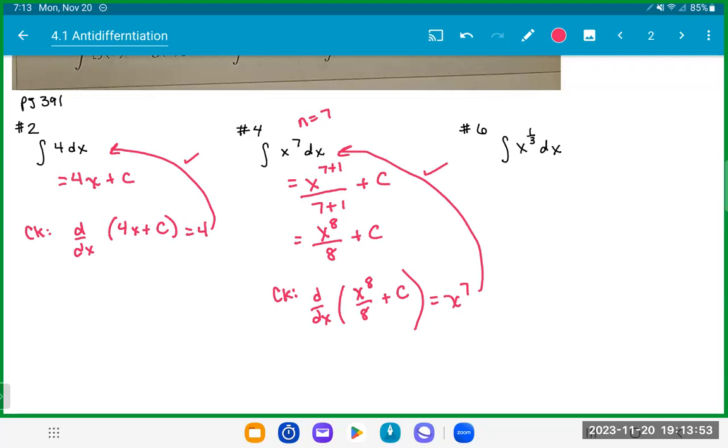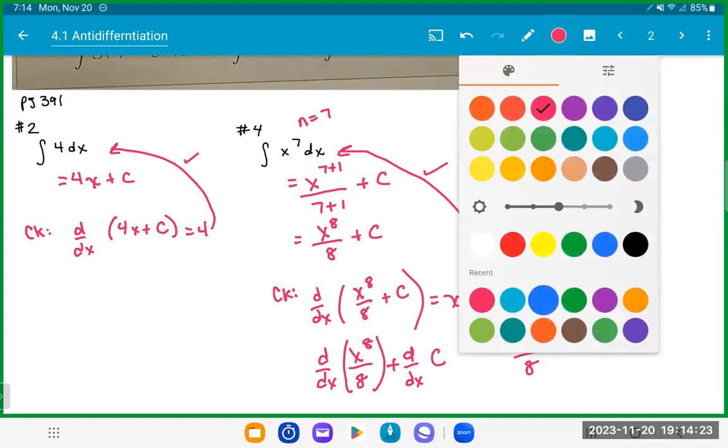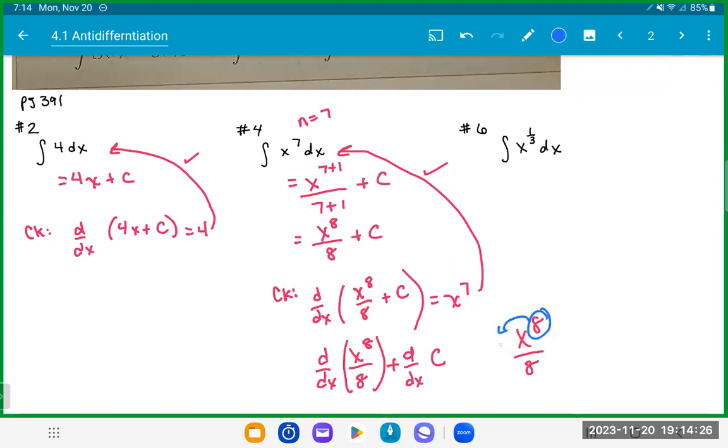Professor, how did you get x to the 7th? Yeah, x raised to the 7th. When I take the derivative d dx of x to the 8th over 8 plus the derivative of that constant, the derivative of x to the 8th is 8, so it becomes 8x to the 7th because we have to subtract 1 from the exponent, over 8.